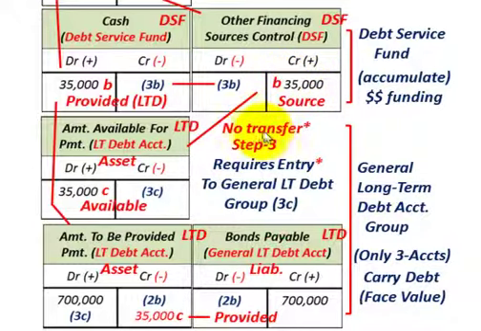But remember, in our step 3, there's really no transfer of any dollars. It's only to make sure that our general long-term debt account group has the correct unmatured principal amount for the obligation. So we started with just these $700,000 sitting in our unmatured principal. Okay, so next we're going to be looking at the entries for those semi-annual interest and principal payments.